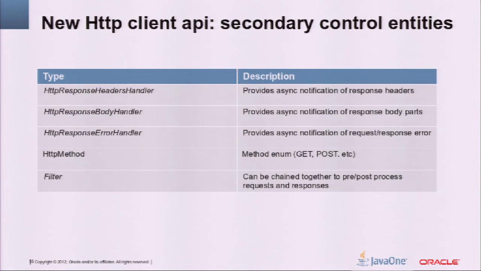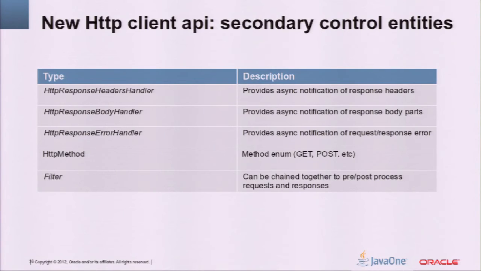If you want to be notified as the response body is being downloaded in pieces, rather than waiting for the whole thing to come down or waiting on a blocking I/O stream, you would configure a response body handler. If you want to be notified of errors during the execution of a request-response interaction, rather than sitting on a blocking call, you can get a callback using a response error handler, so you can be notified if there's a problem rather than sitting and waiting to find one.